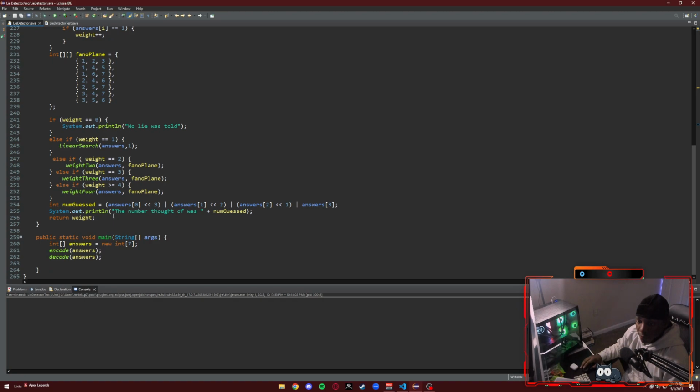And then at the end, it'll convert the first 4 numbers of the binary array into a decimal, and it'll guess the number there.